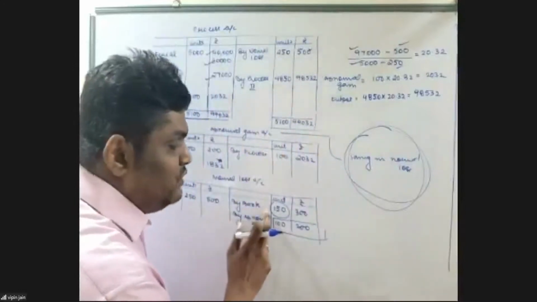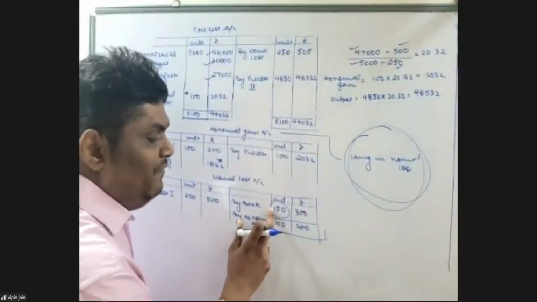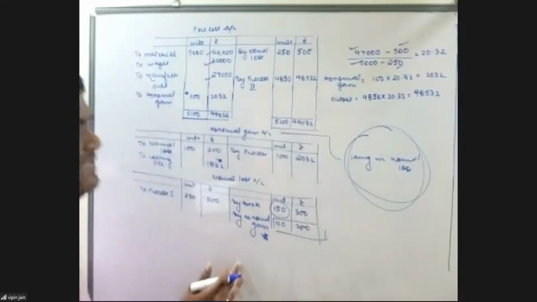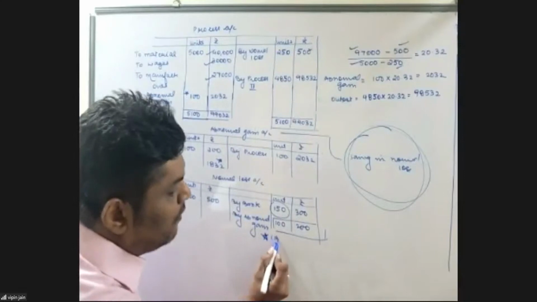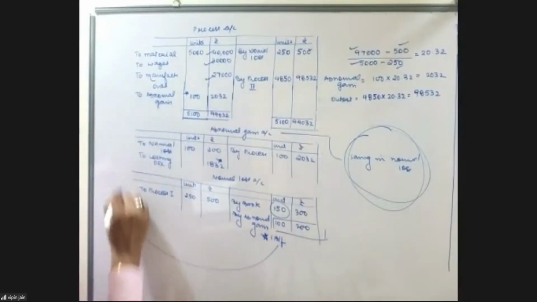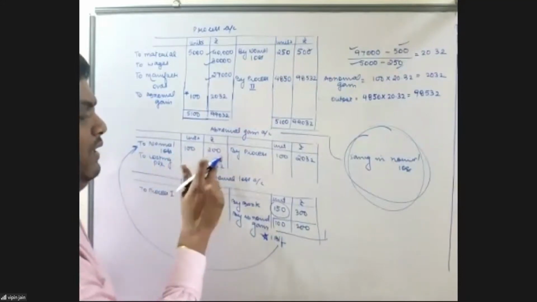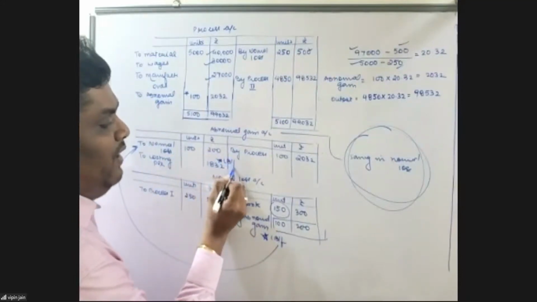So 150 into 2, 300. We can call it the balancing figure. This is transferred to the abnormal gain account, that is to normal loss, 100 and 200. So this will be the balancing figure.